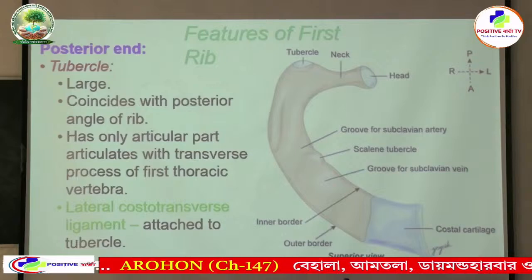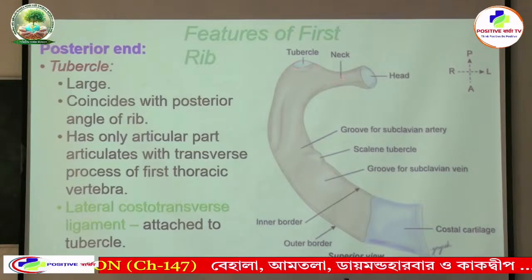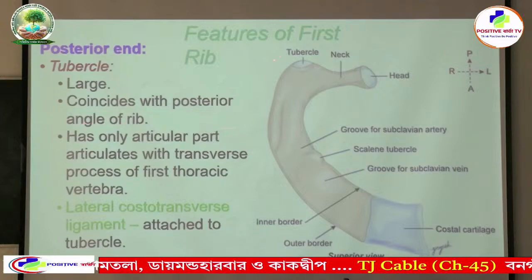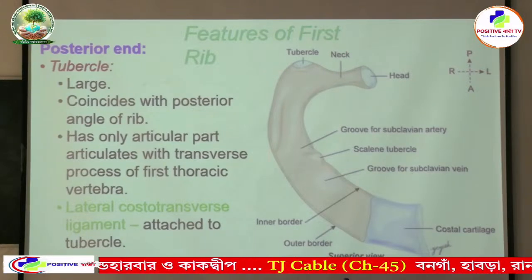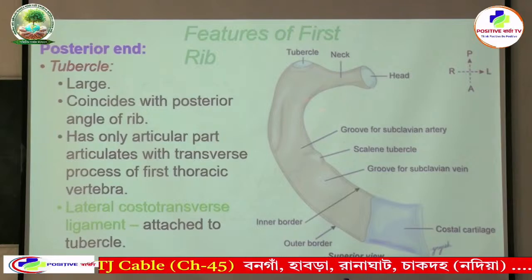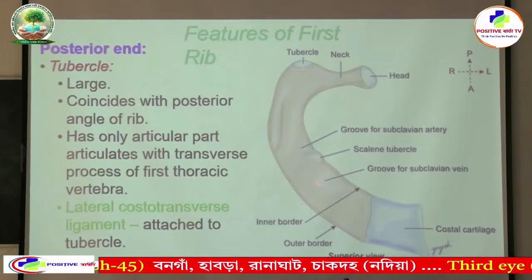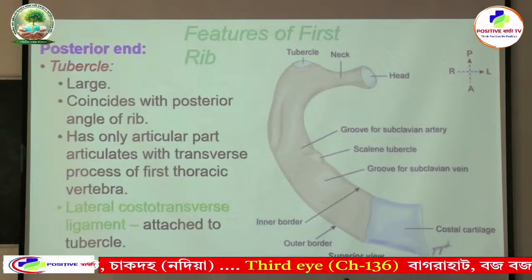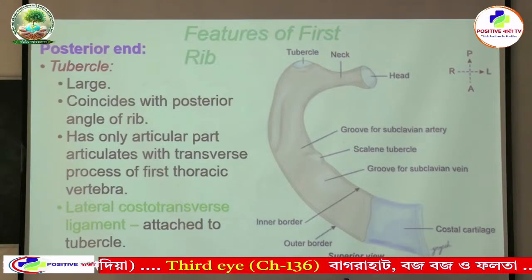Next we go to the tubercle. Here is the tubercle. The tubercle is large and coincides with the posterior angle of the rib. A rib has two angles. Here the sharp bend is occurring posteriorly. This is the posterior angle. And in this region where the bend is occurring, this is the anterior angle. So the tubercle is lying at the posterior angle.